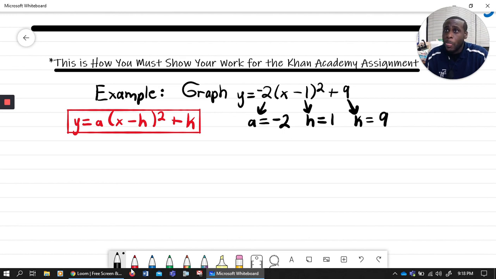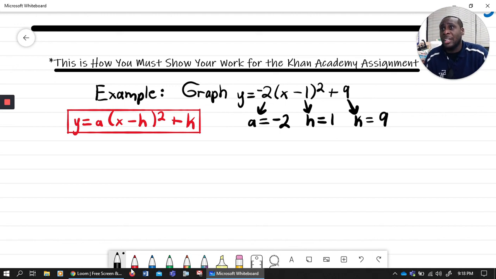We know that. The other two components, a and k, you take at face value. Whatever those are in the equation, -2 and +9, you just write that exact value, the exact same sign. The only one that you do the opposite sign for is h.